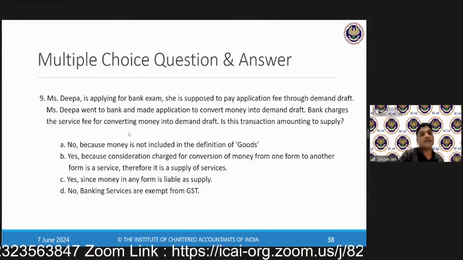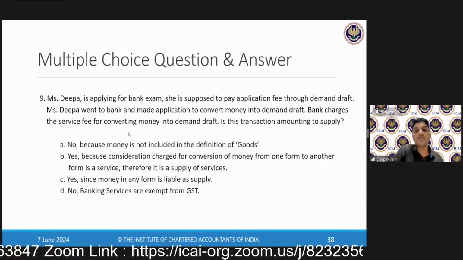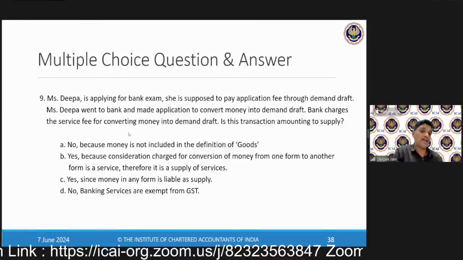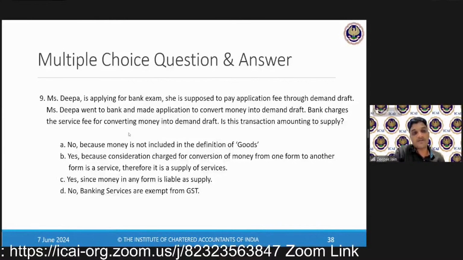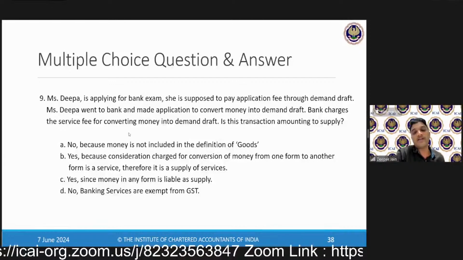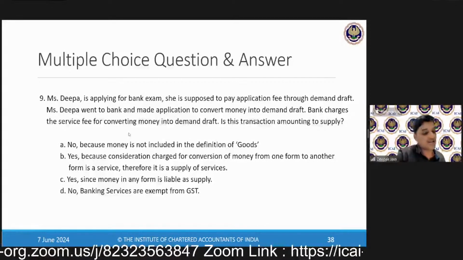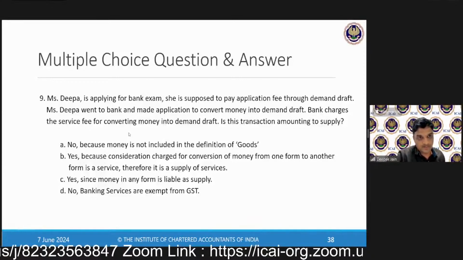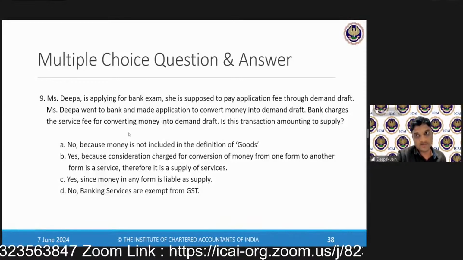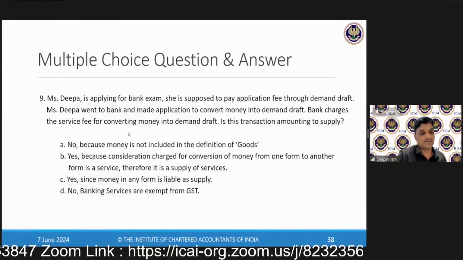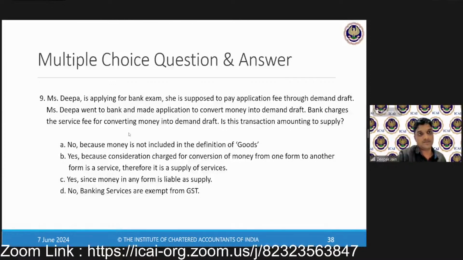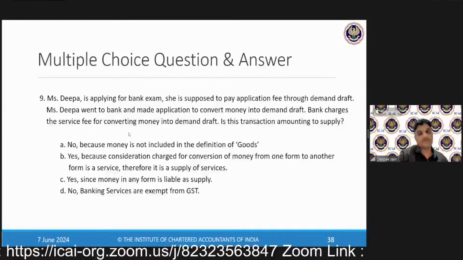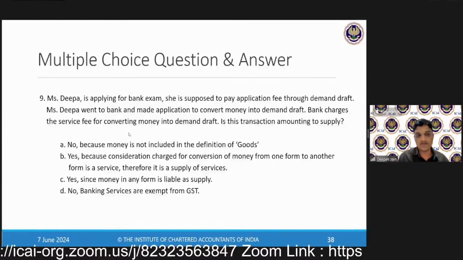Next question. Ms. Deepa is applying for a bank exam. She is supposed to pay application fees through a demand draft. Ms. Deepa went to a bank and made an application to convert money into a demand draft. The bank charges service fees for converting money into a demand draft. Is this transaction amounting to a supply?